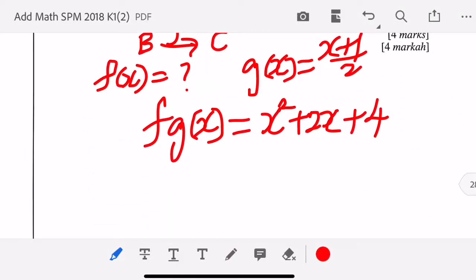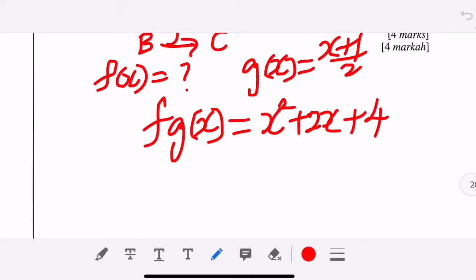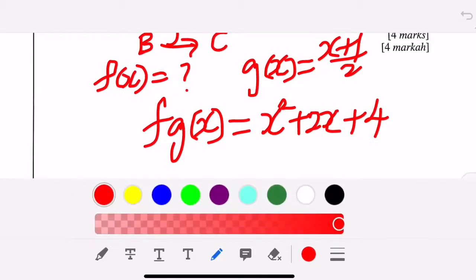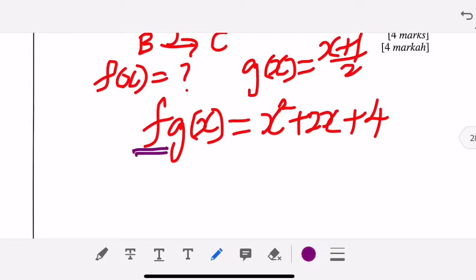Now let's start. We have two not the same letter, one is G, one is F. We want to find the inverse. Always start from the function. Don't start from the composite function, we cannot do anything from the composite function. Now from the g(x), we want to find the inverse.